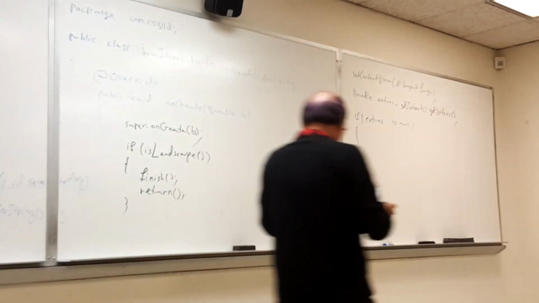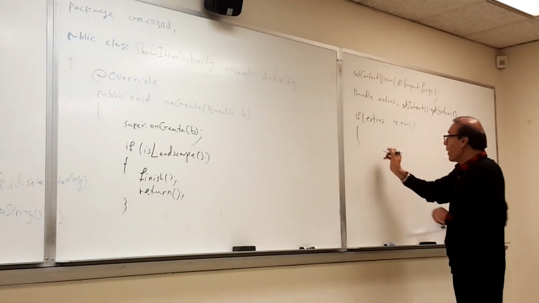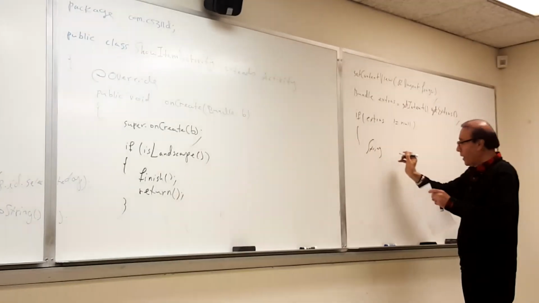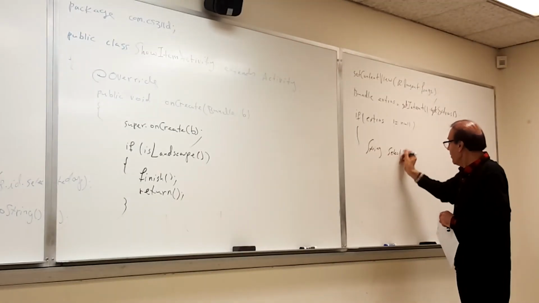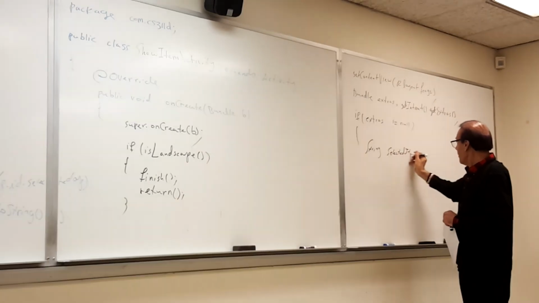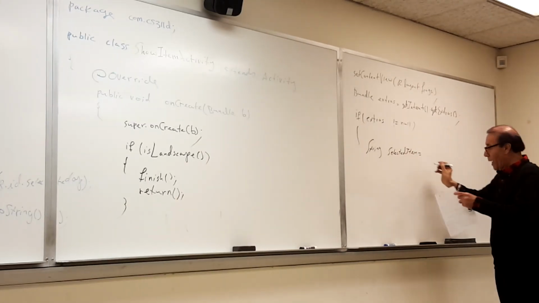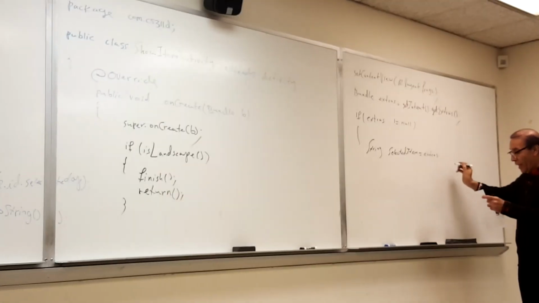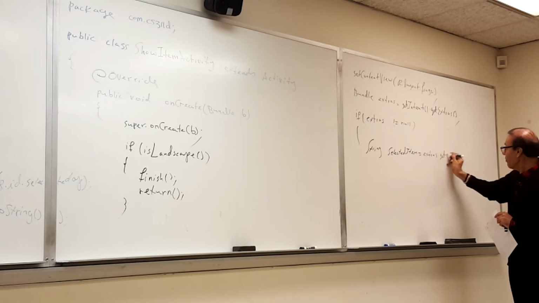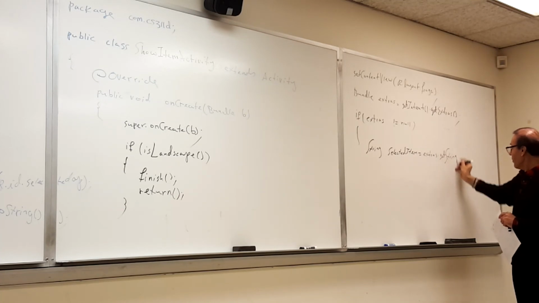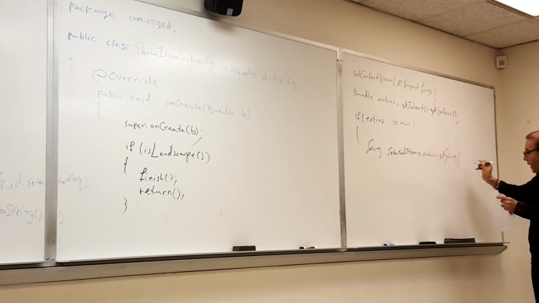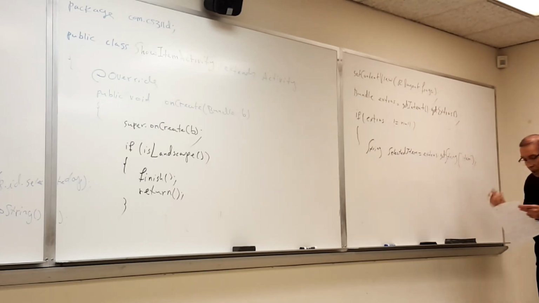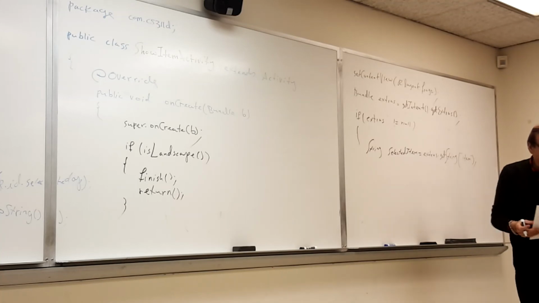String selected item equals extras.getString, and we use item as a key. We got that and dump it into the text view.